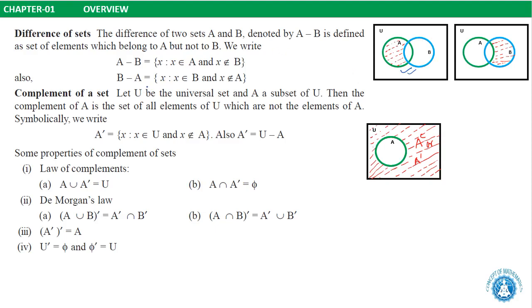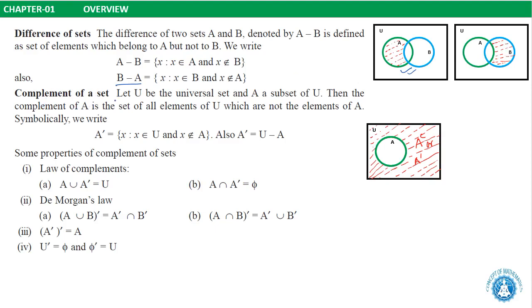Now coming to B minus A, this is also a set, equal to the set of all x such that the elements belong to B but not in A.